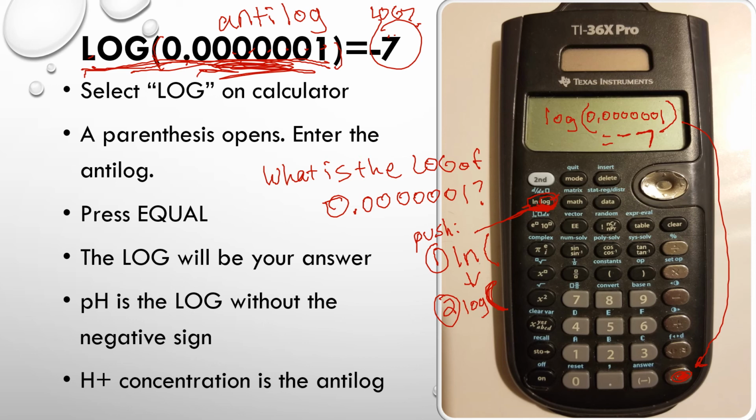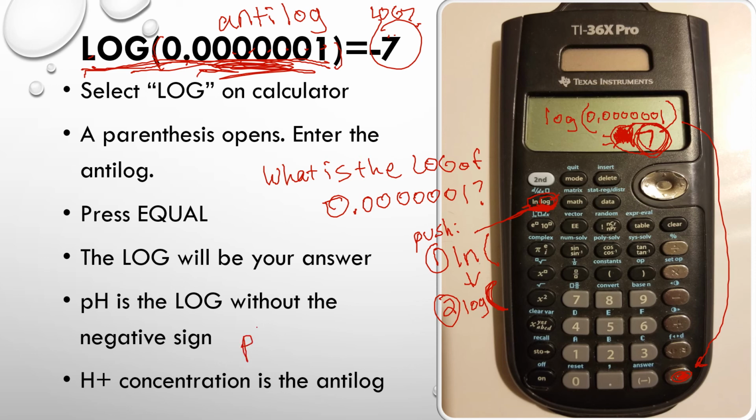Now the -7 that I'm talking about, if you just get rid of that negative sign, because it's always going to be negative in these problems that you're doing with finding acids, it's always going to be a negative something. So if you just drop that negative, the pH is the number with the negative dropped.